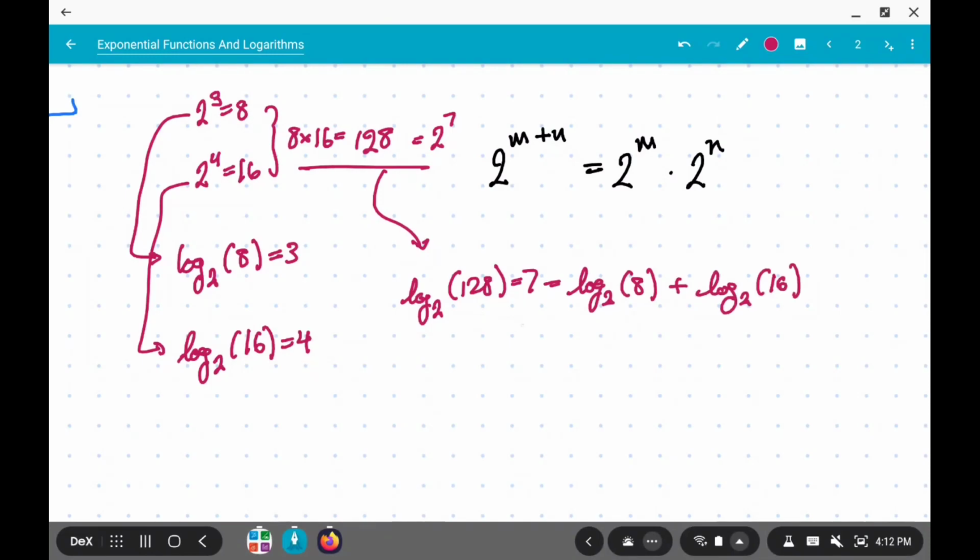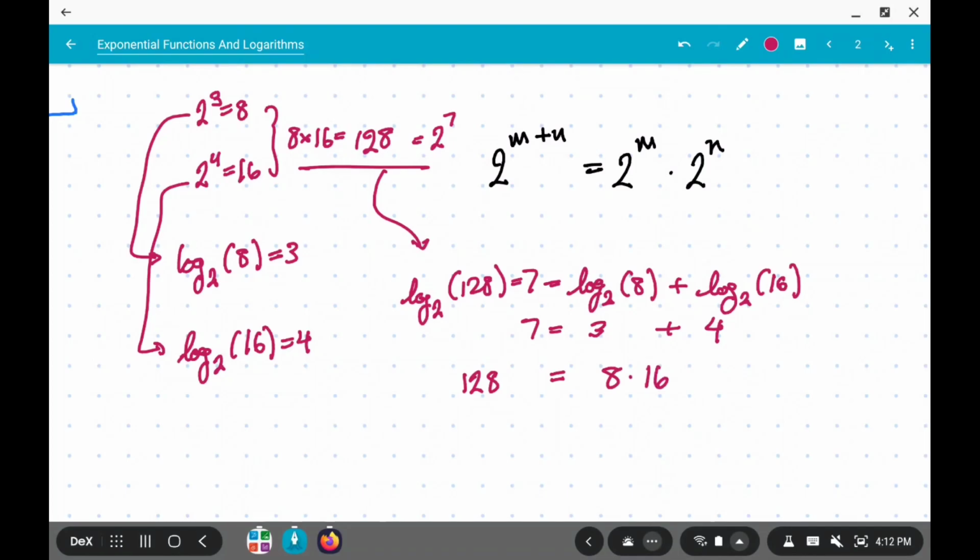So in other words, this is 7 equals 3 plus 4, and it is exactly parallel to the equation that 128 is 8 times 16.